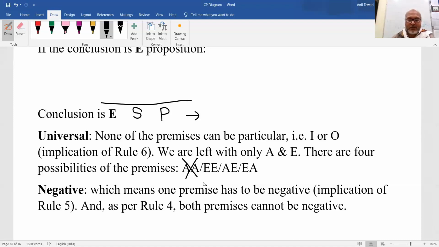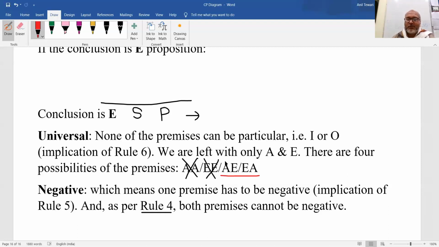One premise has to be negative. Then you have ruled out this possibility because both are negative. So by using rule 4, you have ruled out double E possibility. By using rule 5, you have ruled out double A possibility. And now you are left with only these two possibilities, A, E and E, A.